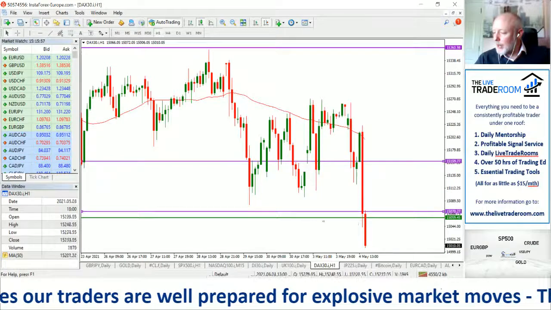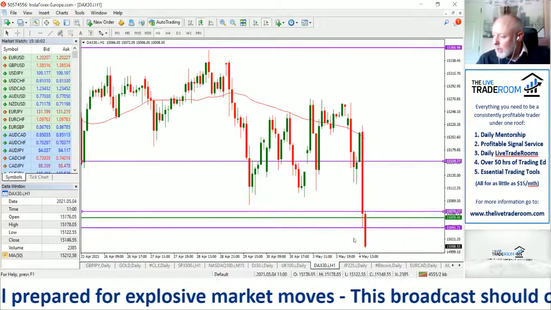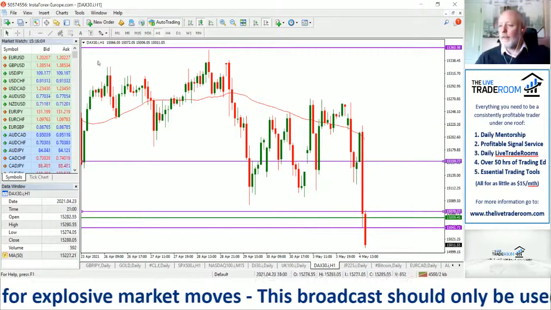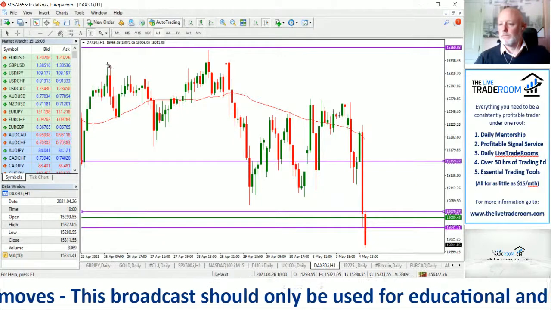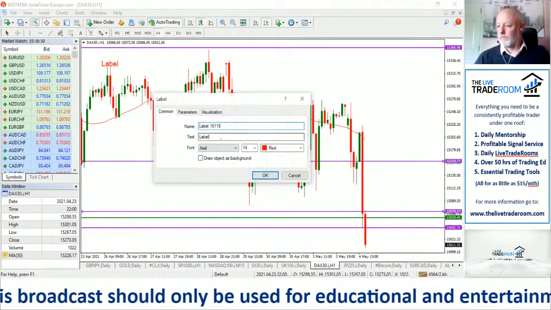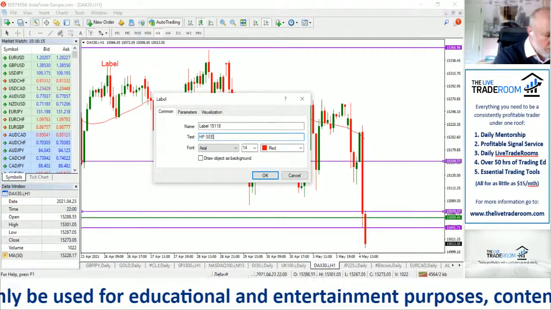Prices closed at it previously. So the sell trade is at the 15,040. So this is a high probability sell.